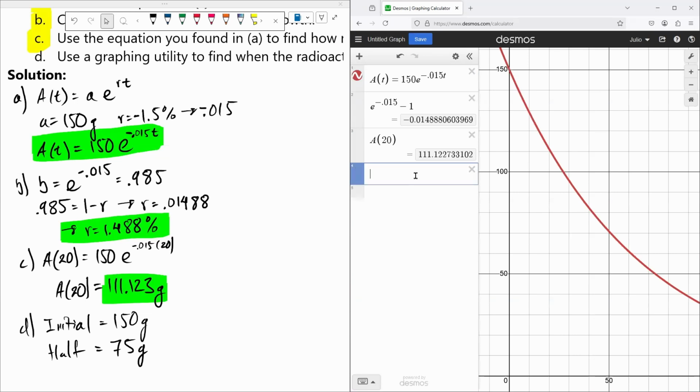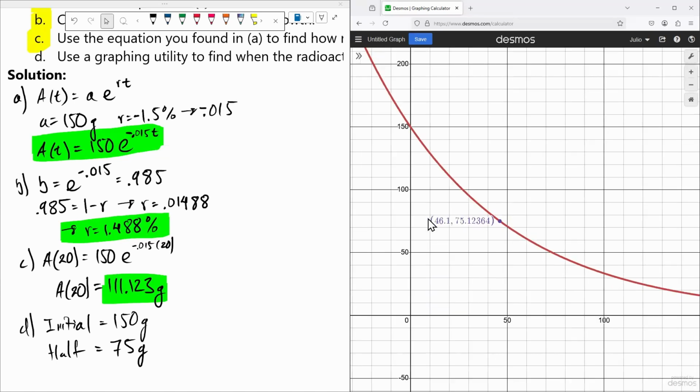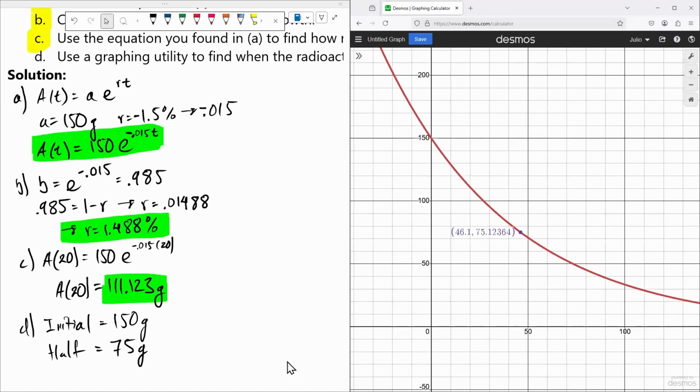So I'm going to draw that point in like I did before: 46.1 comma A of 46.1. Now you can get a more exact point if you zoom in, but for now, since we're just messing around with how to appropriately graph this, an estimate's all right.